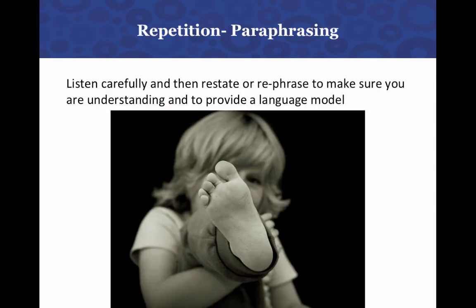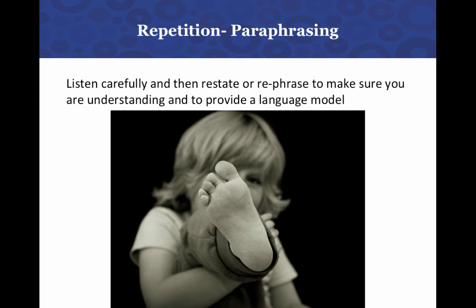Repetition or paraphrasing. So this calls back to the first slide we had regarding serve and return. Repetition and paraphrasing requires that you share the focus with the child, and you are able to extrapolate the meaning behind their utterance.